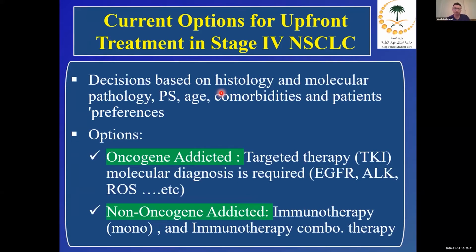Those represent a smaller proportion, although it is getting larger. The majority, probably reaching half of patients, are non-oncogene-addicted, and in those patients the option we have right now is immunotherapy, either as monotherapy or as part of combination treatment with chemotherapy in particular.